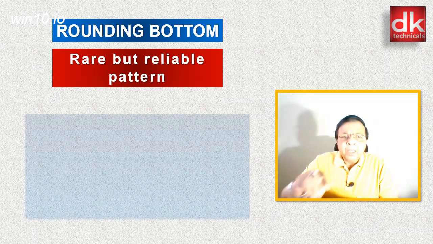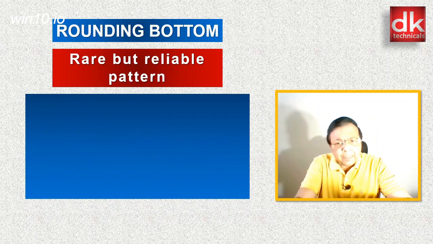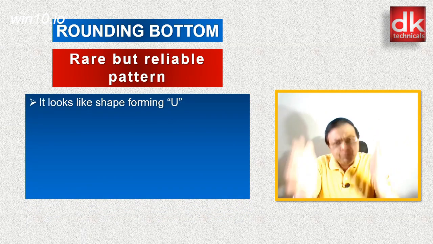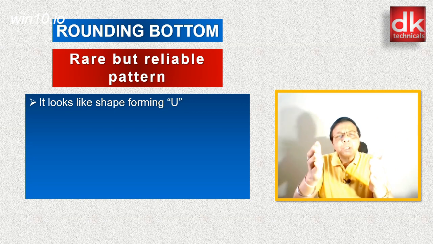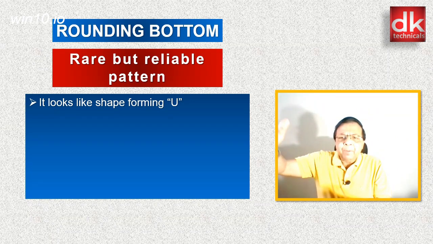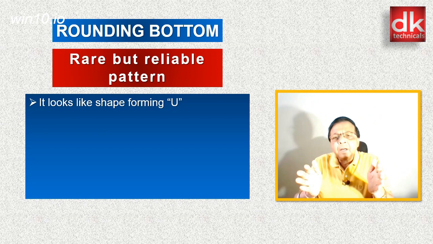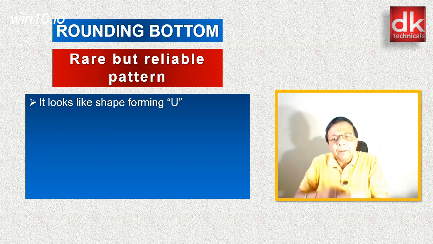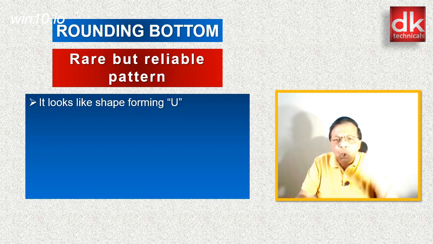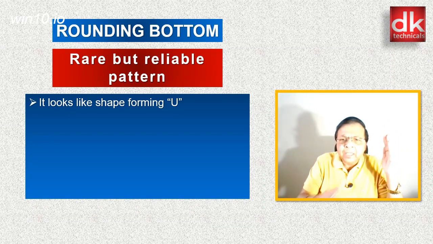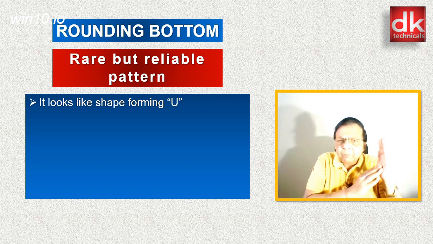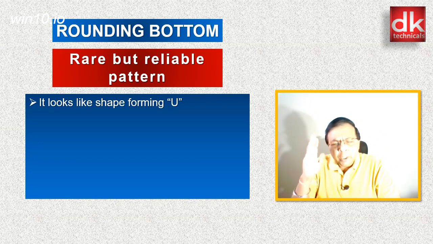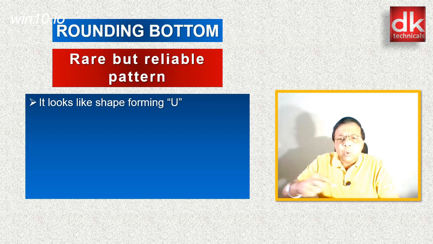And friends, this particular type of pattern, as the name suggests, looks rounded, a kind of U type of pattern, because the English letter U is formed with a rounding bottom. The left hand side of the U indicates the market was in a downtrend, while the right hand side of the U indicates that the market is now moving in an upward direction.